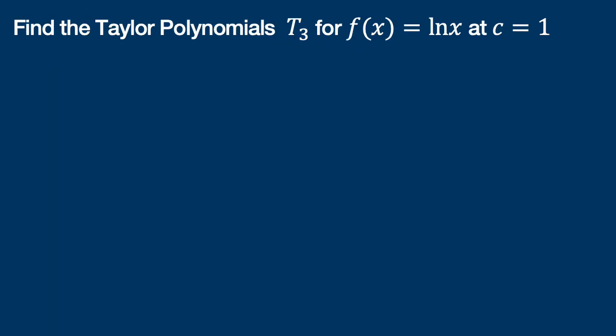Let's find a higher degree Taylor polynomial for ln x. We found the degree 0, degree 1, degree 2 Taylor polynomial. A higher degree is closer to the function ln x. So let's find degree 3.